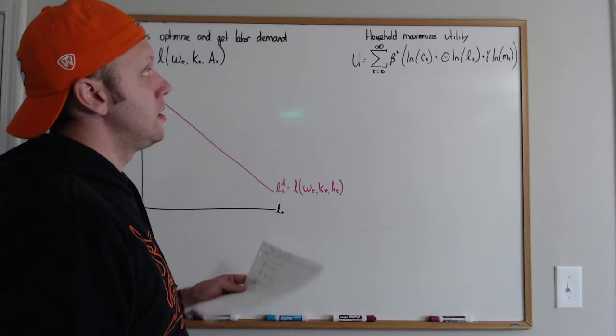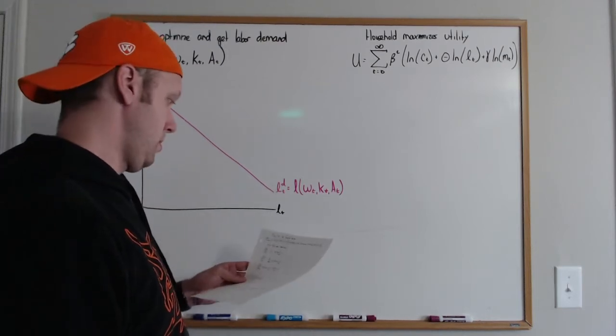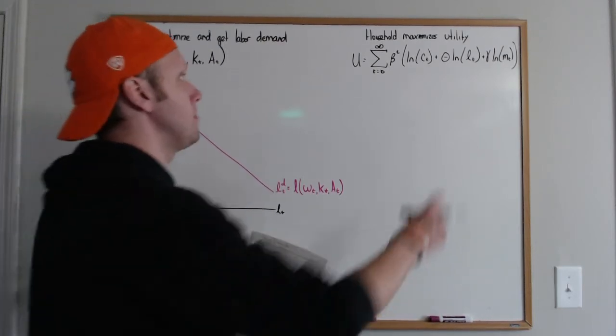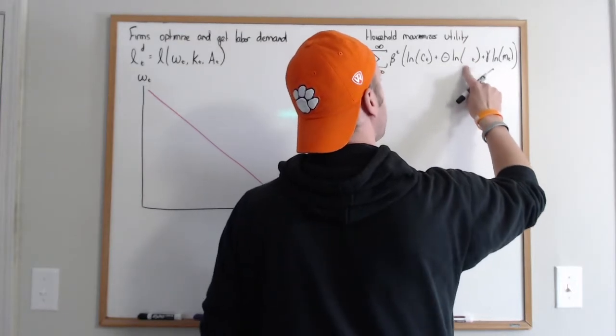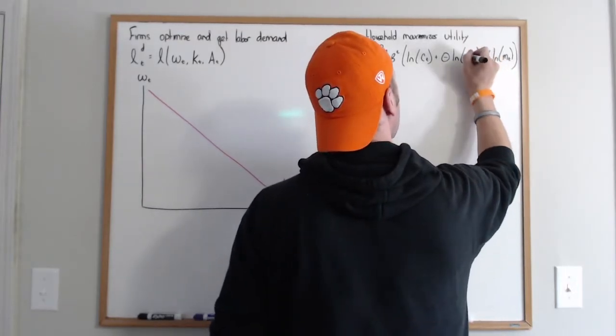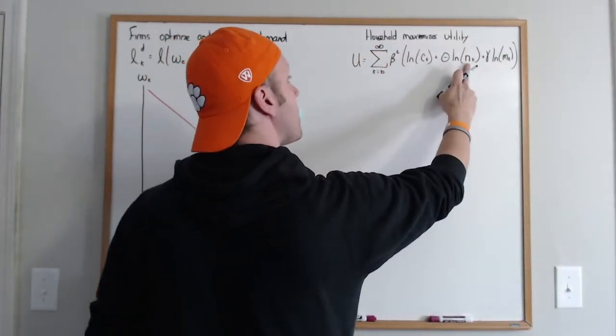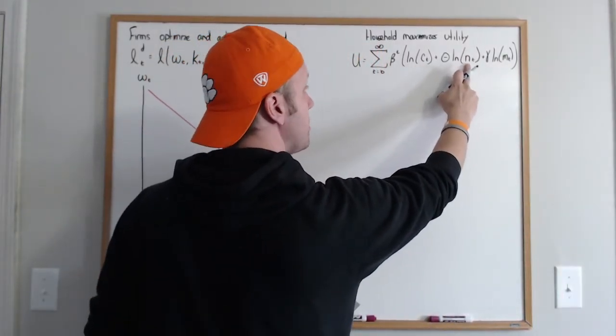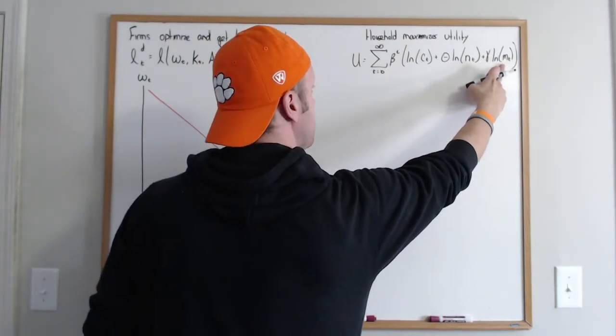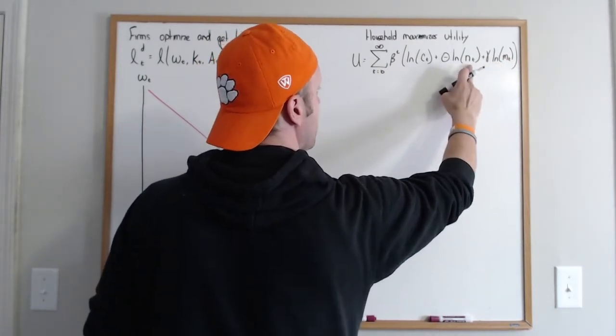So utility was a function of consumption, C_t, leisure, N_t, and money, or real money balances.